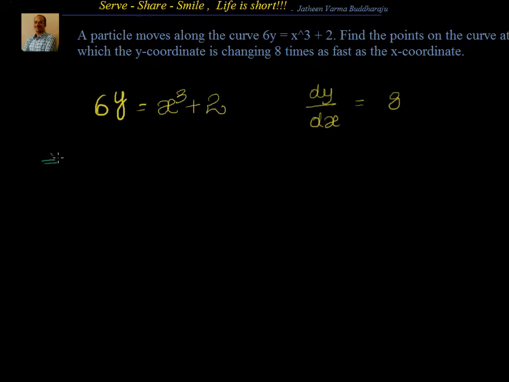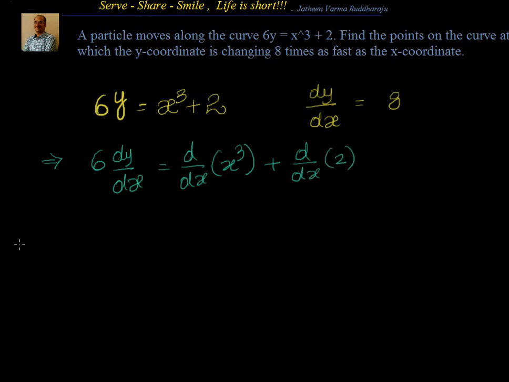So I want to differentiate on both sides. With respect to x, I will have 6 into d by dx of y, that is 6 dy by dx, equal to d by dx of x cube plus d by dx of 2, which is equal to 0. Let's write that step.